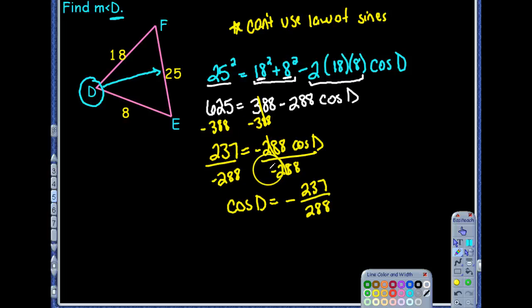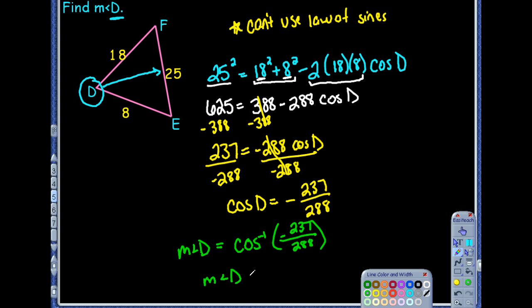Okay, so to find angle D, I'm going to do the inverse cosine. Let's do a measure of angle D equals the inverse cosine of negative 237 over 288. When you type that in, this one's actually a lot easier to type in. So the inverse cosine, and then I'm going to put negative 237 over 288.